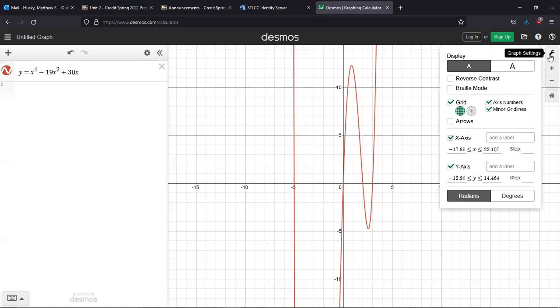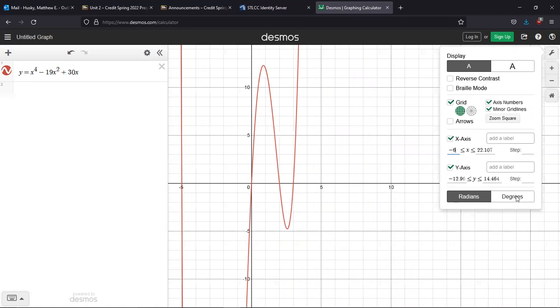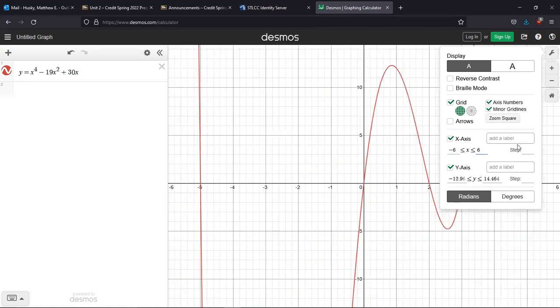So if we click on this little wrench, let's have x only go as far as, let's maybe go to -6. Then we'll go to +6 maybe. This is just kind of an OCD thing, but I don't like the end of the graph being cut off like this.